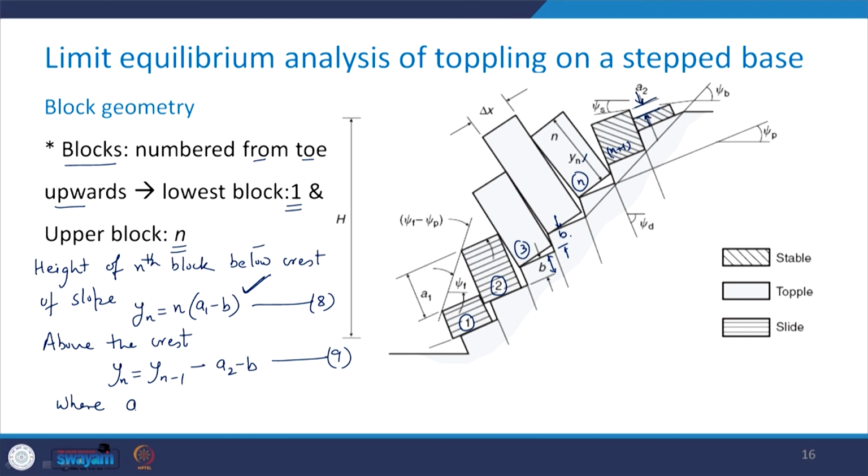How? a1 will be written as delta x tan of psi f minus psi p, equation number 10.